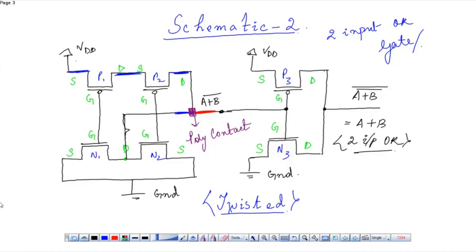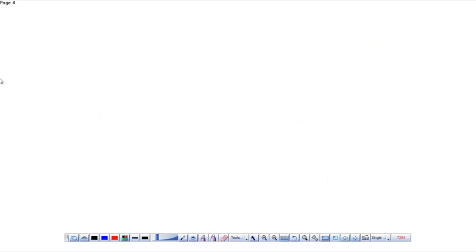Now let's see the layout. Let's see the layout from the twisted form.